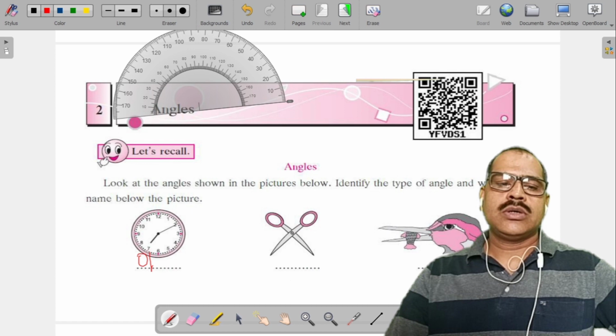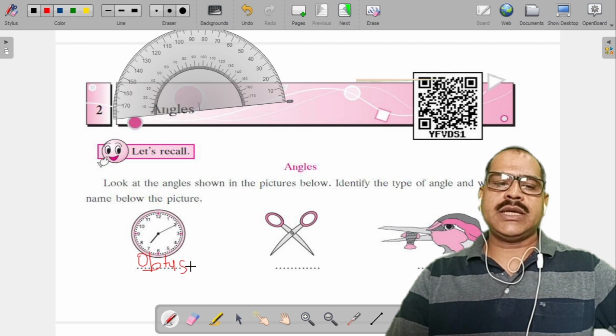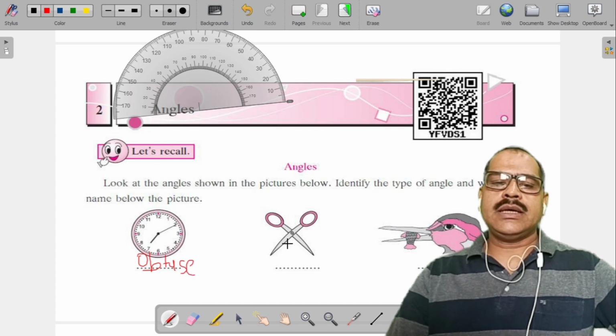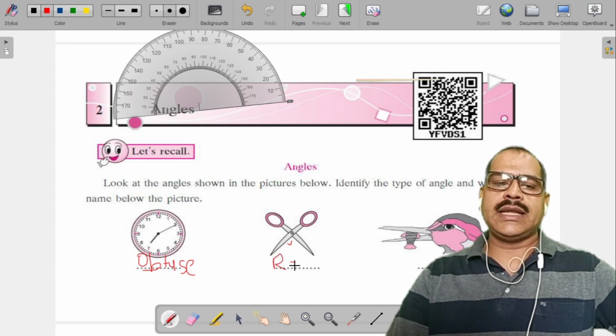So I write obtuse angle. This is the first type. Here the angle between these two edges is 90 degrees. That is why this is the right angle. And similarly, here the angle made between the edges of the beak is an acute angle.